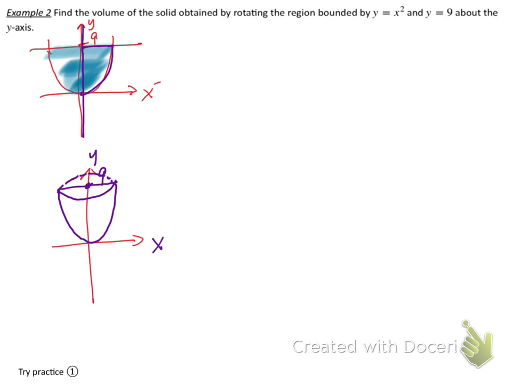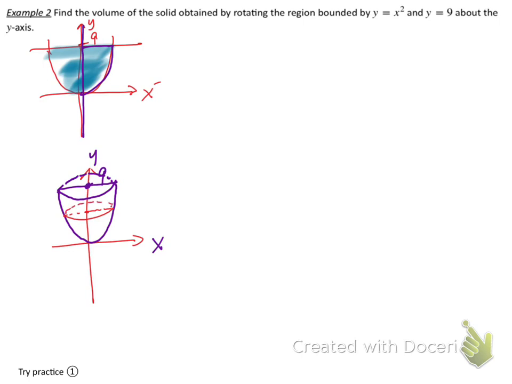So I pick a random y, I chop it off. I don't even know how to call this shape, but if you chop it off, you're going to get this side and this side.